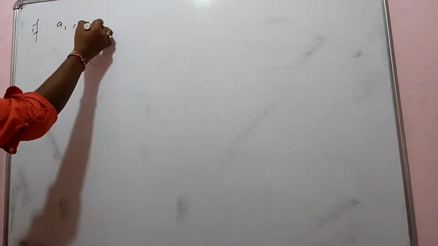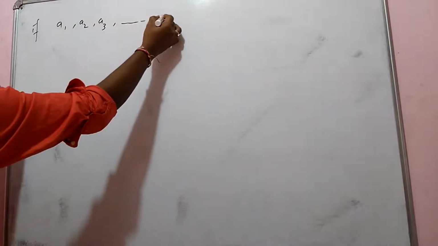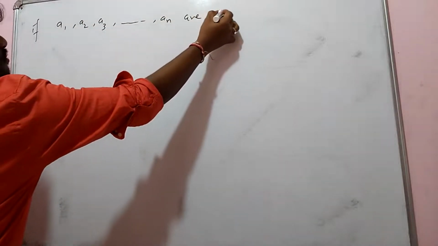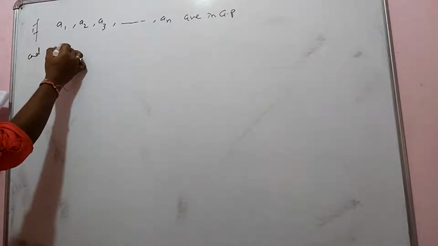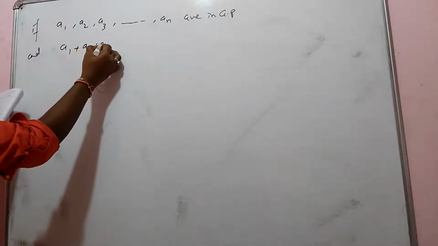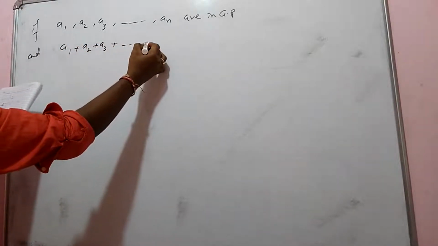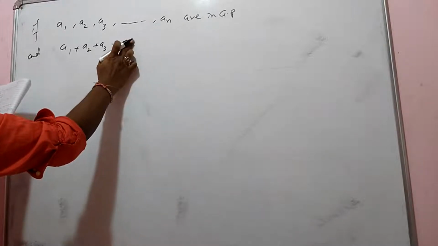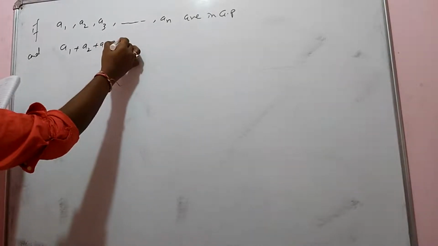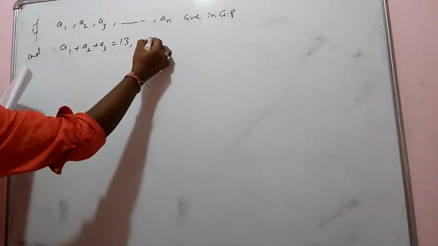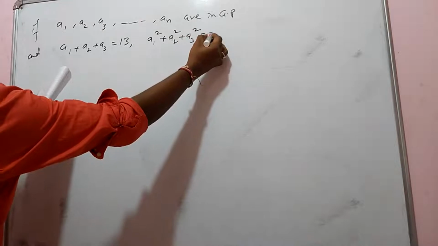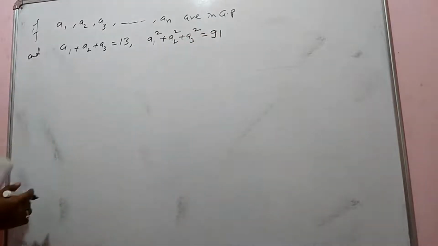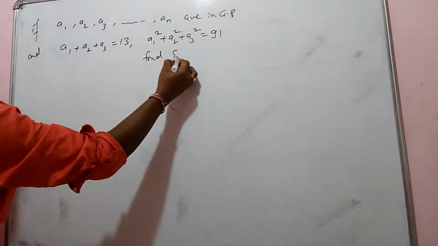If A1, A2, A3, and so on up to AN are in GP, and A1 plus A2 plus A3, only the first three terms, is equal to 13, and A1 square plus A2 square plus A3 square is equal to 91, find SN.